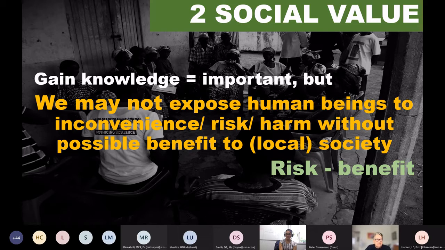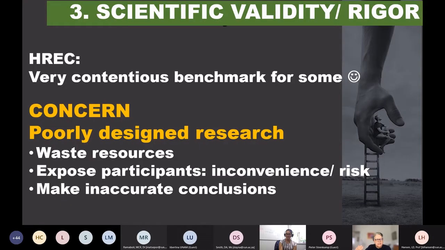And that is so important, but we have to think what is essentially part of that, and that is that we do not expose any of our human participants to inconvenience, risk, or harm without any real benefit to the society. So the risk-benefit ratio comes in, in my opinion, really in every study we look at, any decision we make. It's always the participants' interest that's so important.